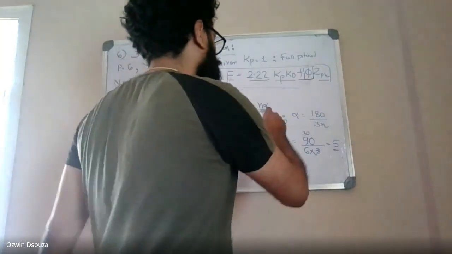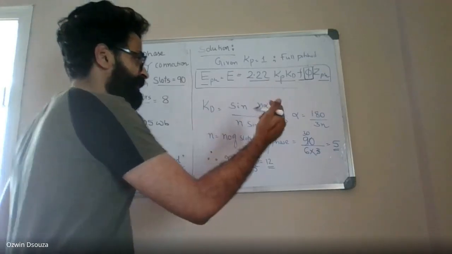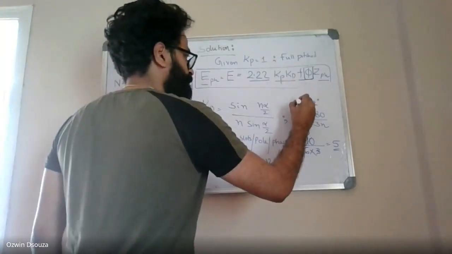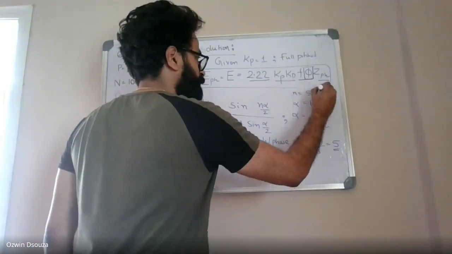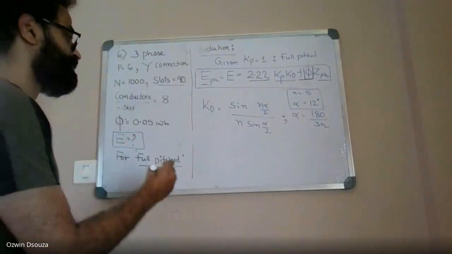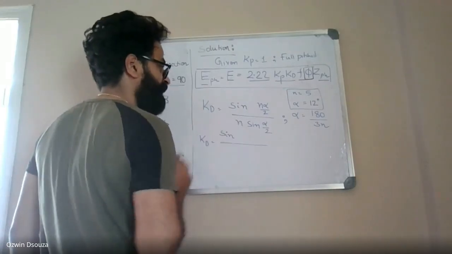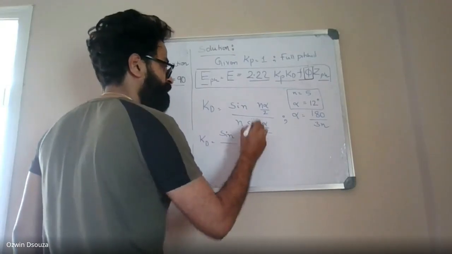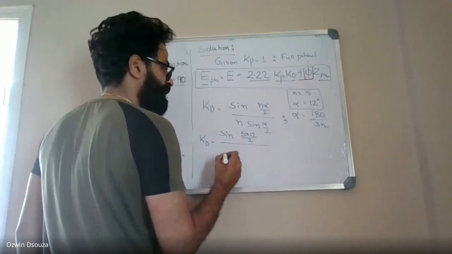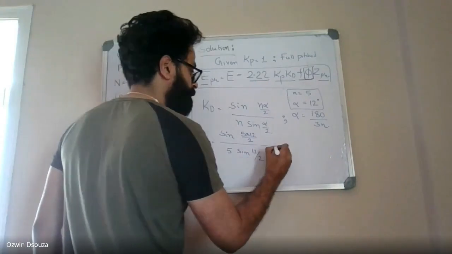Having known the alpha value, you can find out the Kd value. Here alpha is found as 12 degree and n is equal to 5. So let me erase this and just substitute. Kd is equal to sine n alpha, so 5 into 12 divided by 2, over n into sine alpha by 2, so 5 into sine of 12 by 2.